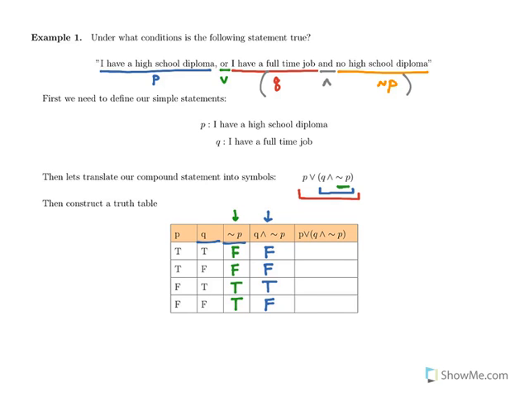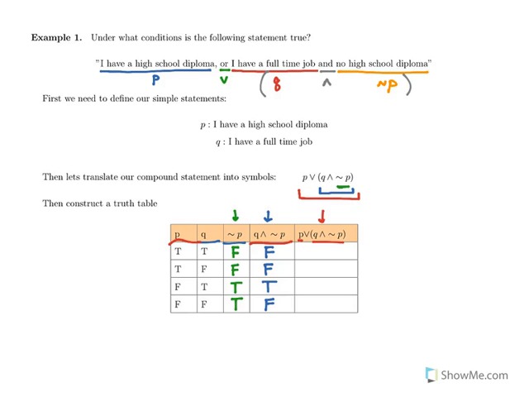So next we're going to look at the total statement that we're looking for, P or Q and not P. And there are two parts, the P and the Q and not P with the "or." So we're going to look at the fourth column and the first column here, and then do our "or," our disjunction truth table.